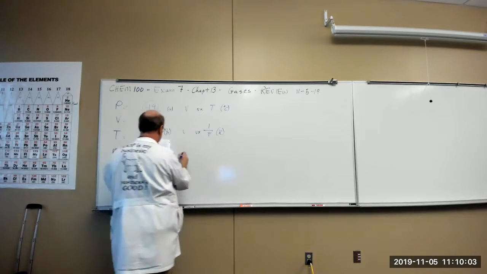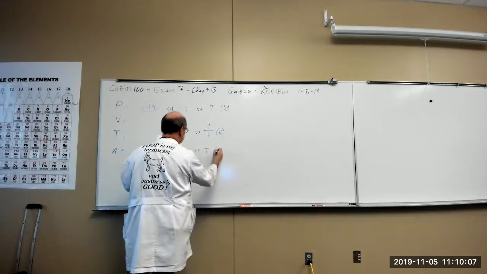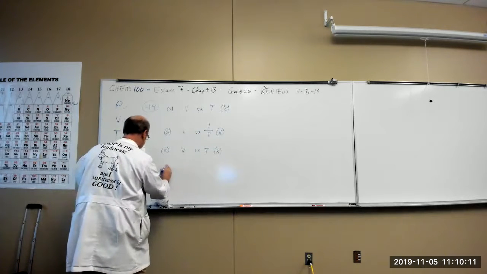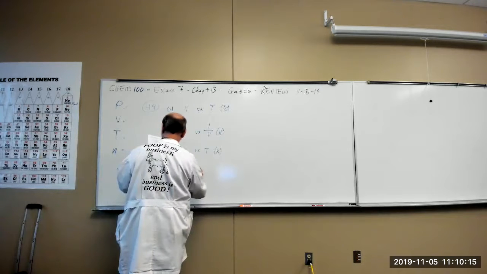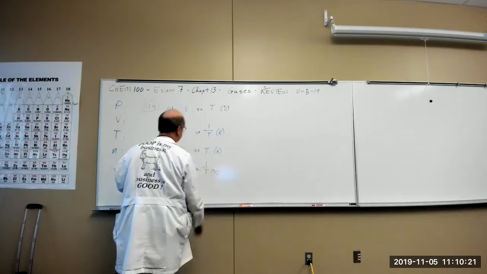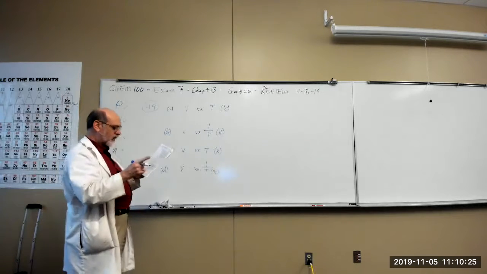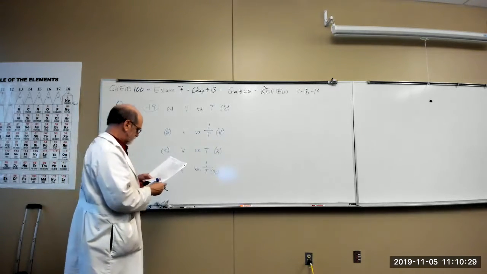C, volume versus temperature in Kelvin. And D, volume versus 1 over temperature in degrees C. Which one of those will give you a straight line with a y-intercept of 0?